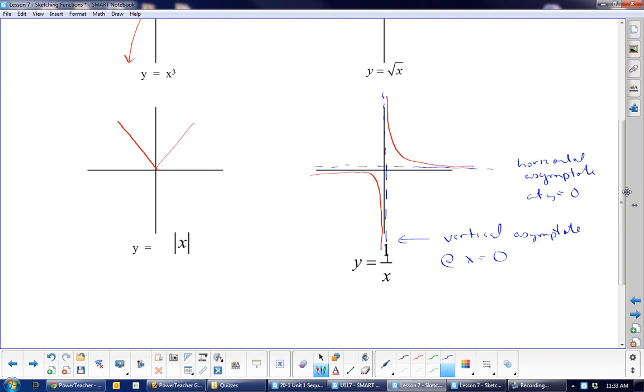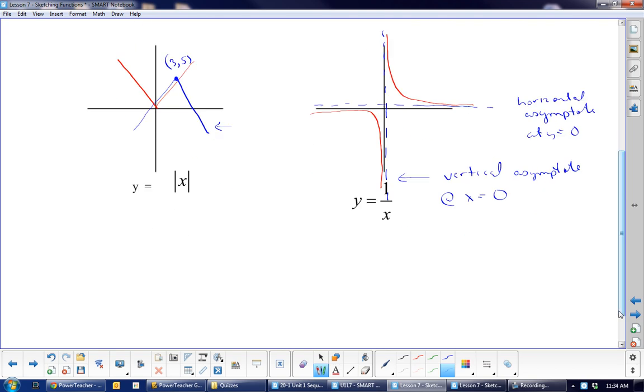I just want to see if you guys could tell me the equation for this one here. What is the equation of this? What's the first thing that happened?